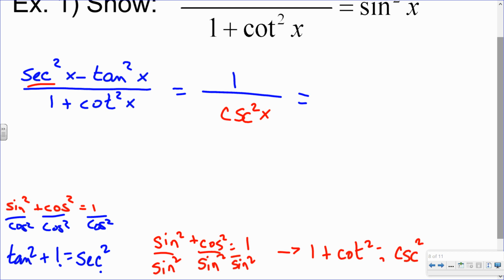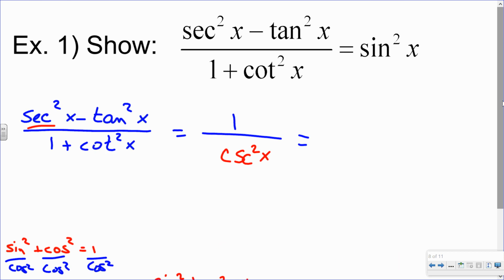I didn't need 1 over cosecant, I needed sine. How do I get from what I've got to sine squared now? Come on, somebody knows. This one's easy. Flip it. They're reciprocals. So 1 over cosecant is sine. And since they're squared, that is equal to sine squared. And we have our proof.